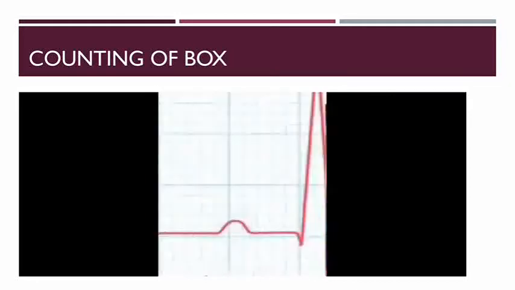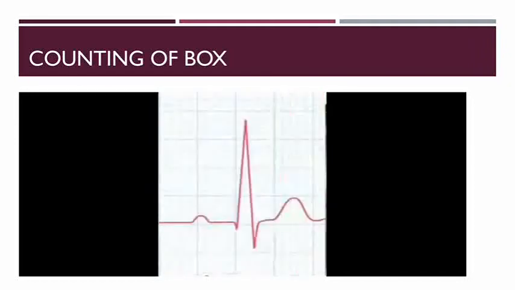So let's start. When we count the boxes covered by the P wave, it is around 2 to 2.5 small boxes. So P wave usually takes 0.08 to 0.10 second.